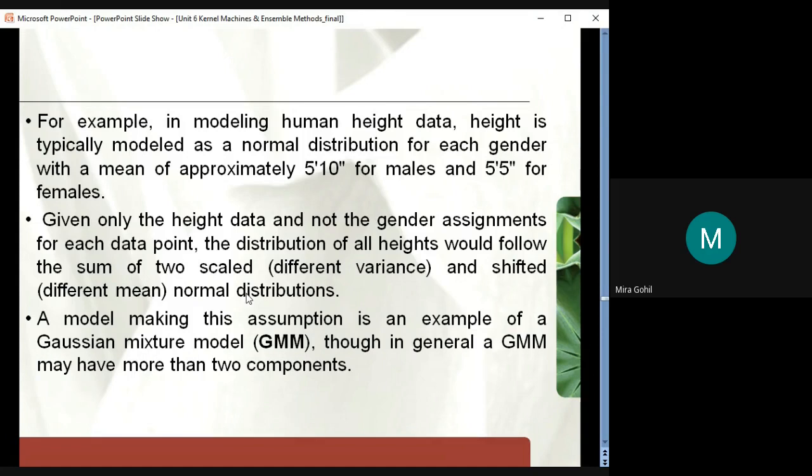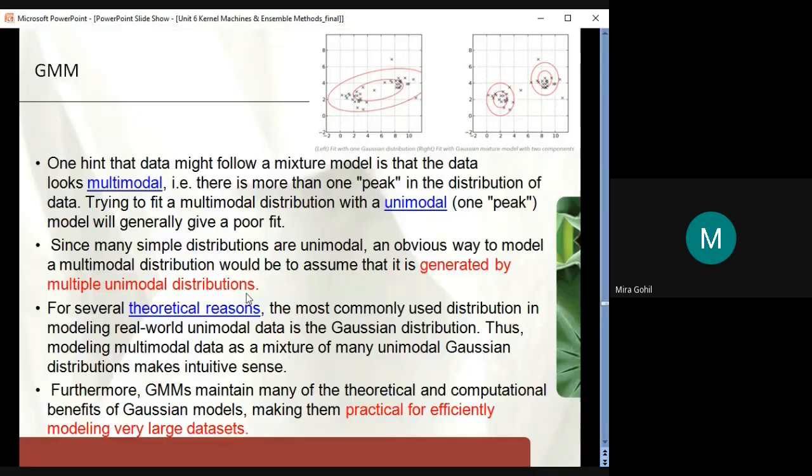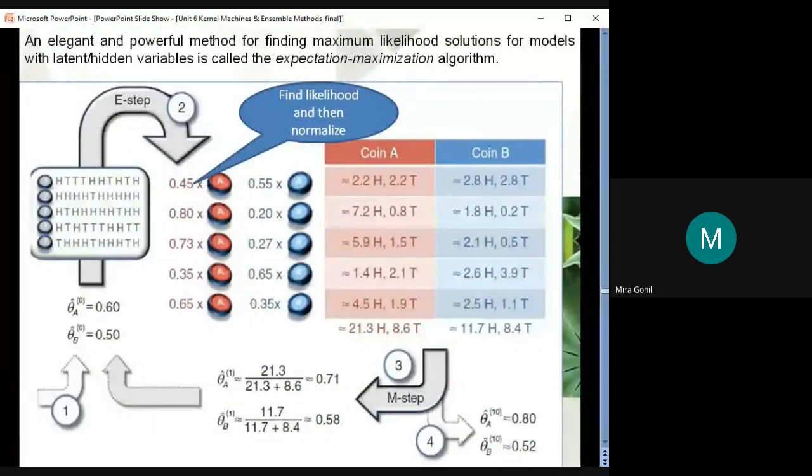Clear? Whatever data points we have, if we plot that data, we will get multiple peaks in the data points, and that's why we need to calculate the model as a mixture model. So this is what the Gaussian mixture model is, and we have already discussed in the previous chapter how to calculate it. Is this clear to everyone?